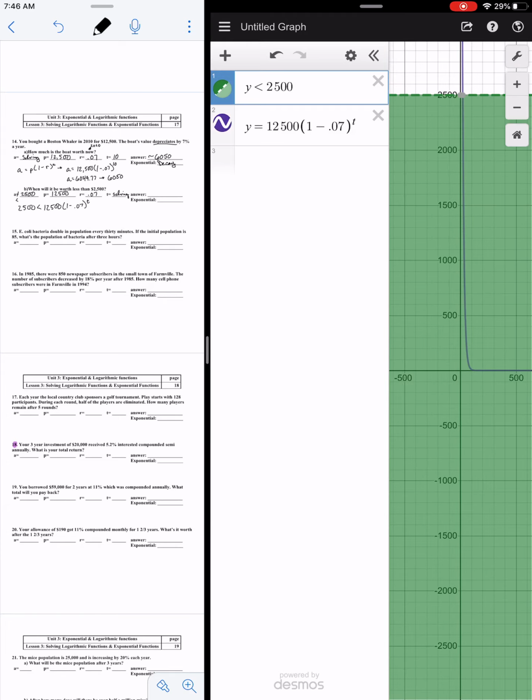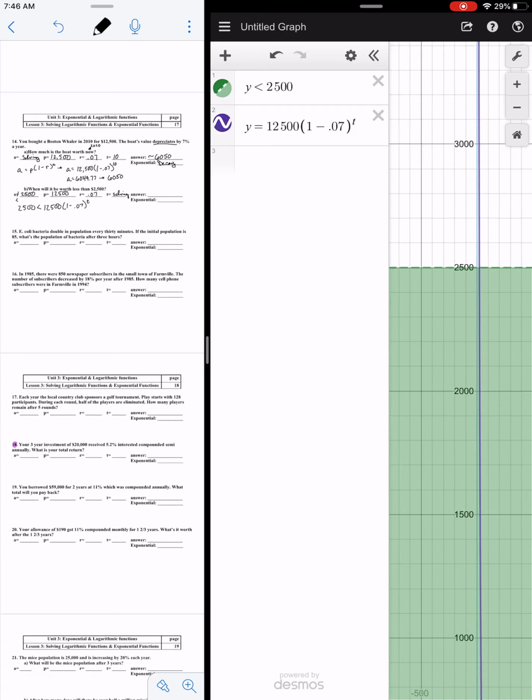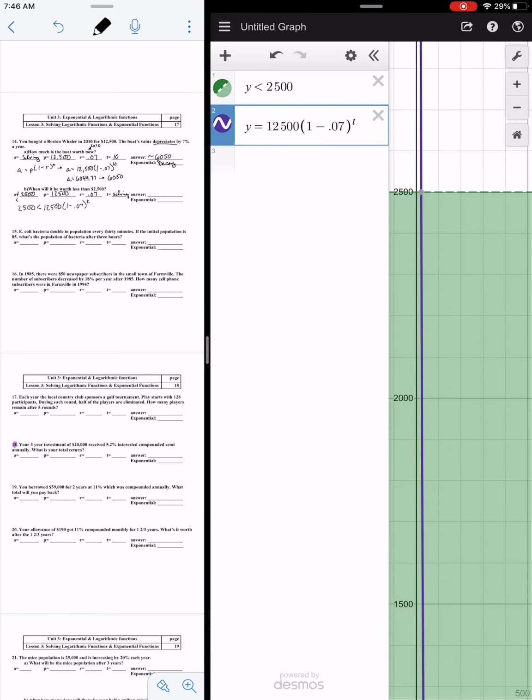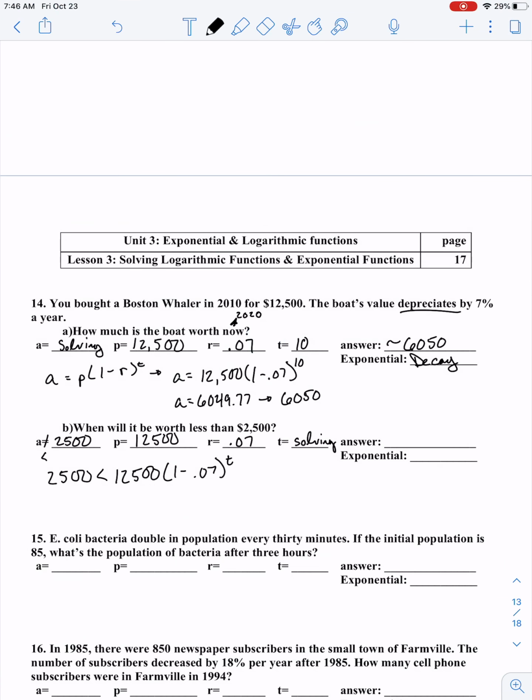And now it's back to how we solve systems of equations or inequalities. Our x value, and again, less than is either to the left or down. So anytime after 22.17 years. So about 22 years. And again, it's still exponential decay.